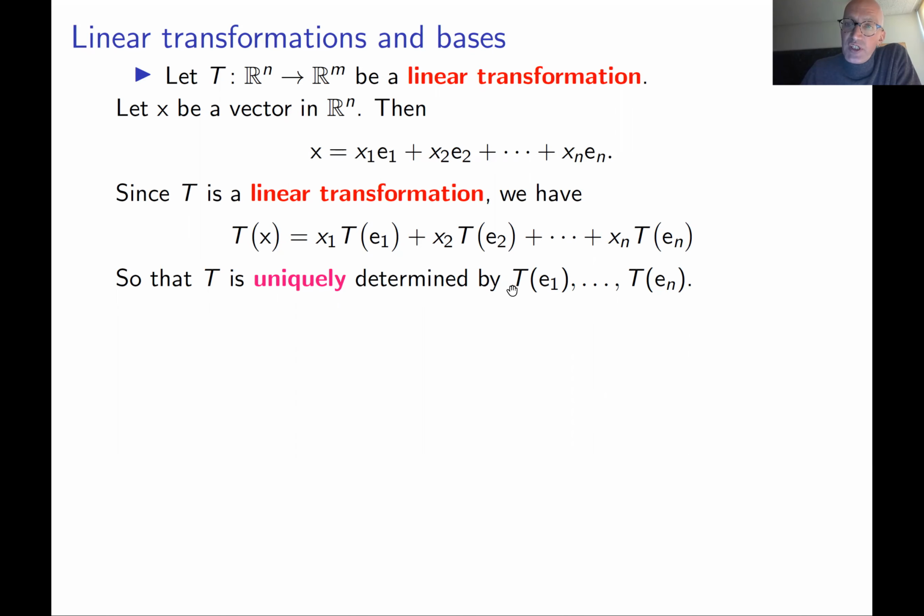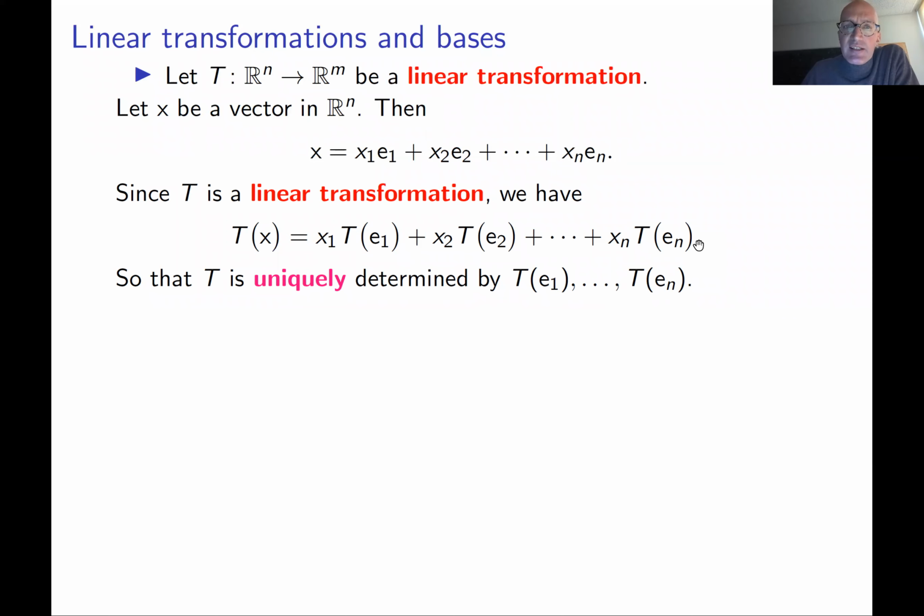If you know these n vectors, you know a formula for your linear transformation. This is your formula. If you know these vectors, then this gives you an explicit formula.